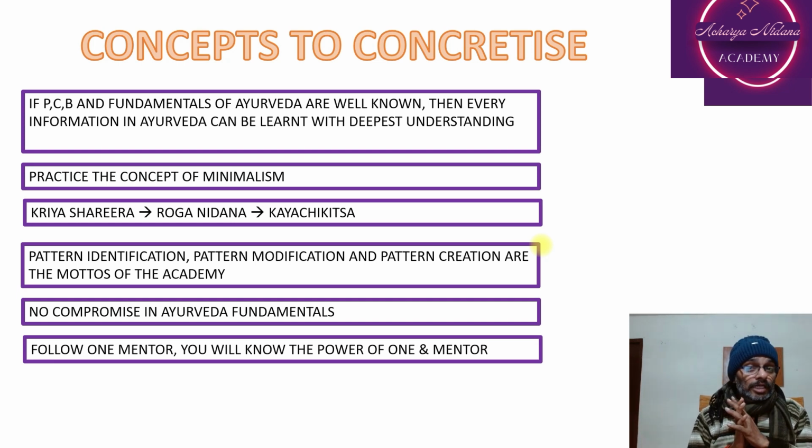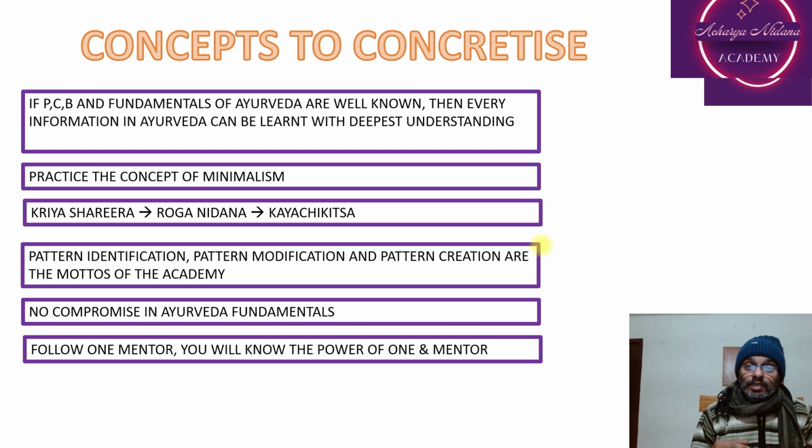No compromise should be made while learning the Ayurveda fundamentals. And you have to follow one particular mentor. Why one mentor? Because nowadays there is information overload, with millions of pieces of information available from multiple angles. They are forcing you to look at their point of view and their thought processes.